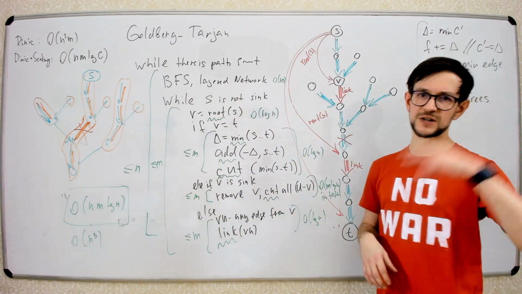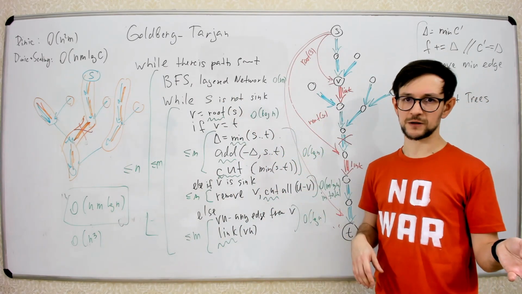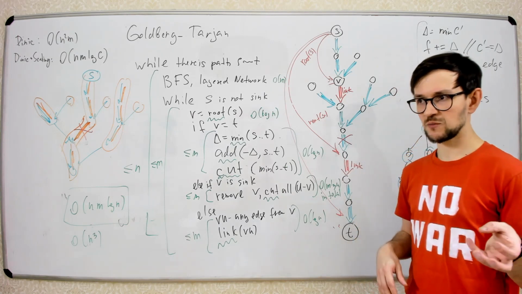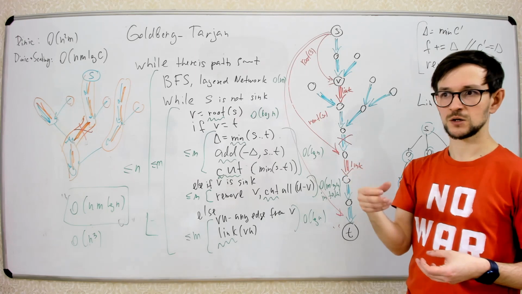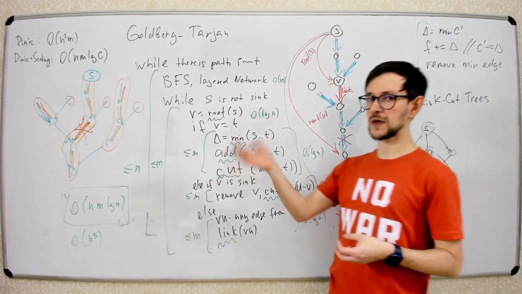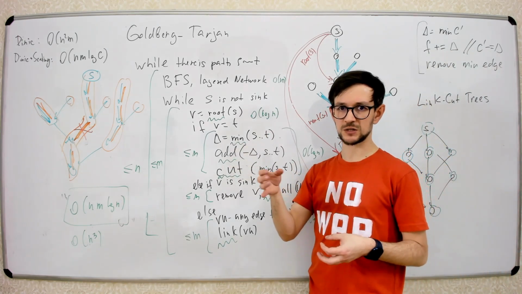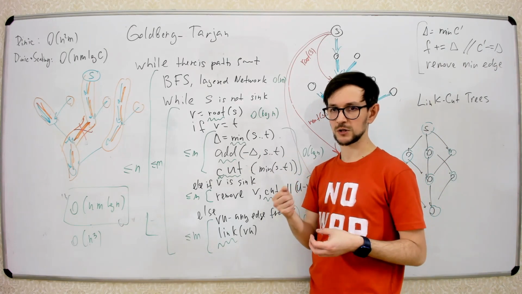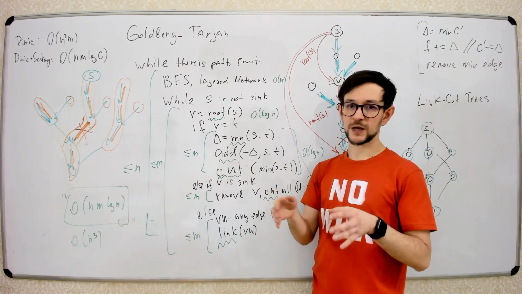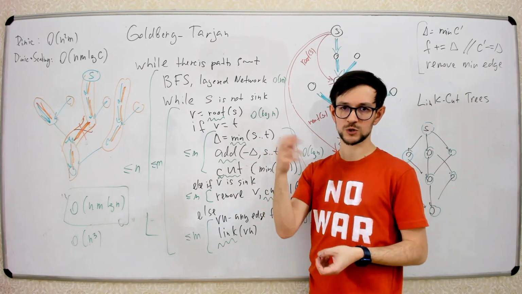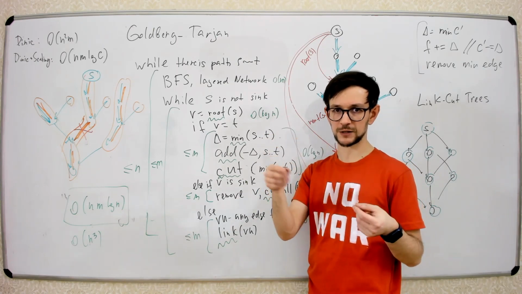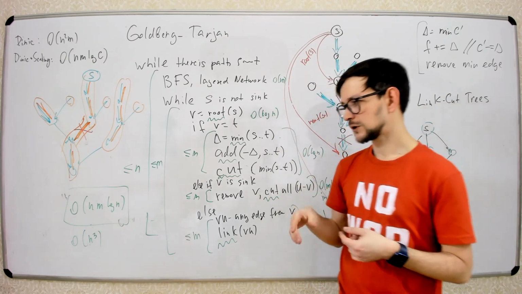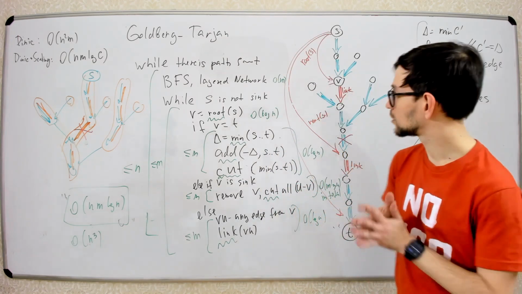This is a very different improvement to the Dinic algorithm, which changes the m factor to an n factor. Each time we remove not one edge from the layered network, but one node from the layered network. So we can build the layered network and then remove nodes one by one. So the total time complexity will be not n squared m, but n cubed. But we don't have enough time today.